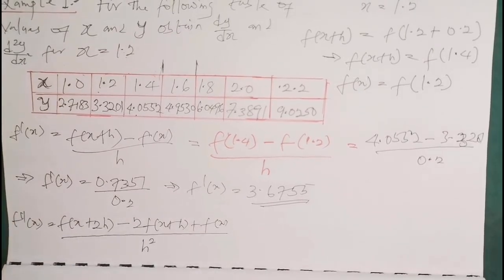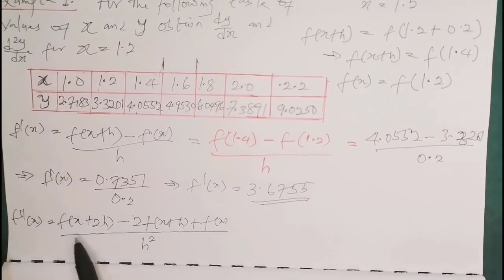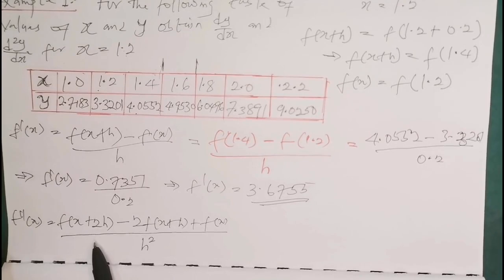So this is the case of the forward difference method. If it is backward, the formula will be different. Again, please do well to watch the previous video. The link of that video is in the description of this video, and then you'll get the formulas to all of these methods.